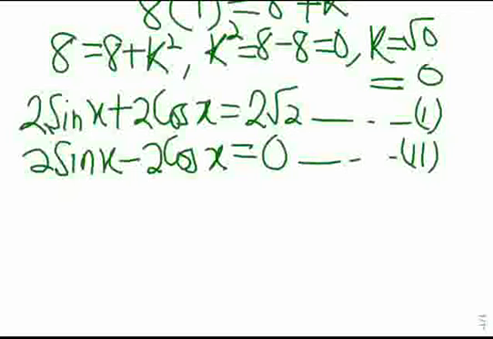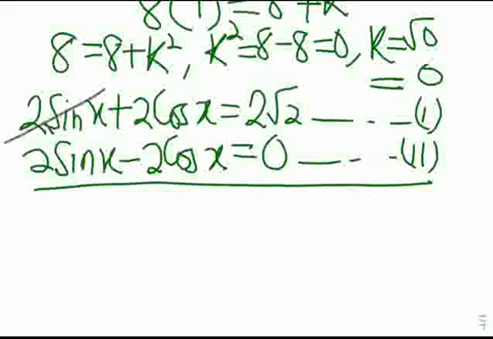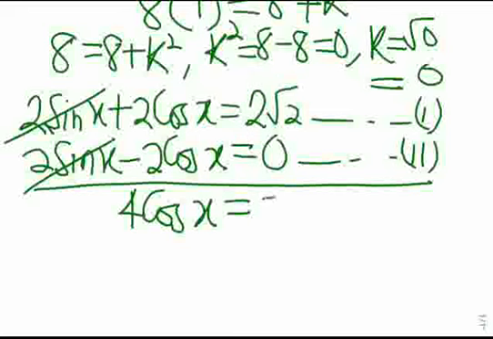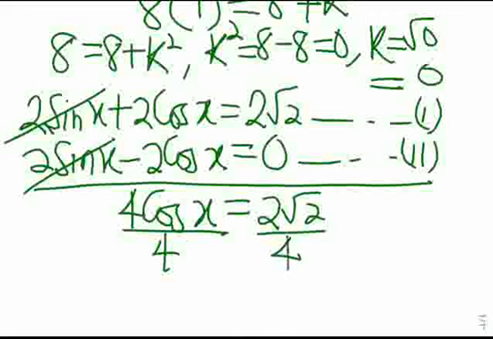In order to solve for x, let's use the elimination method. So I eliminate sin x. They both subtract to give 0. The 2 cos x plus 2 cos x would give 4 cos x here. 2 root 2 plus 0 will still give 2 root 2. We divide both sides by 4.